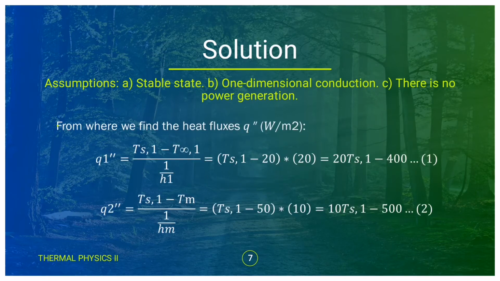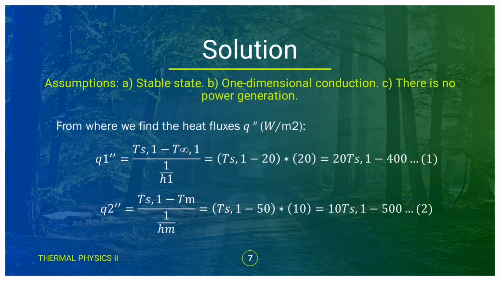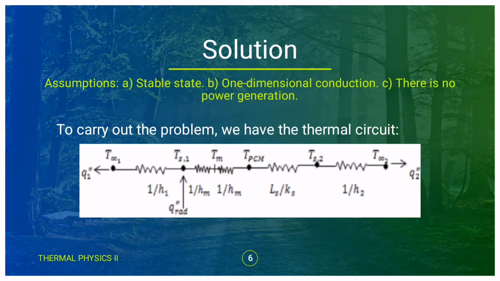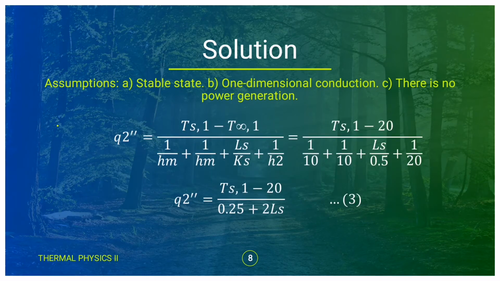This is equation 1 and equation 2. And from here we have that Q2 is also equal to, after replacing, (Ts1 minus 20) divided by (0.25 plus 2 times Ls).